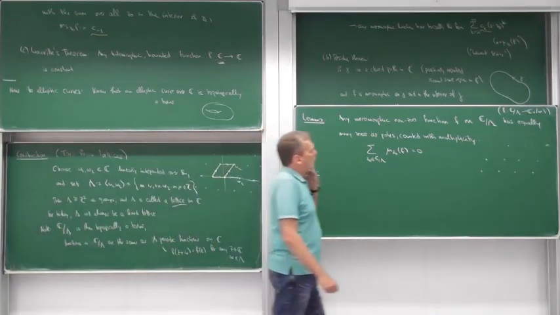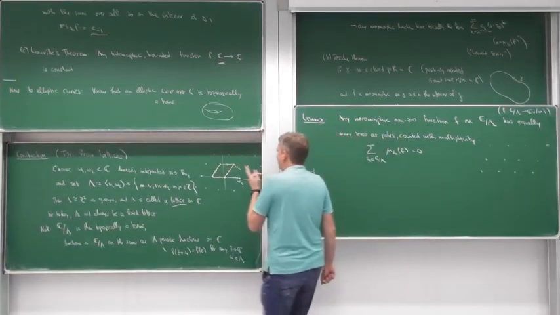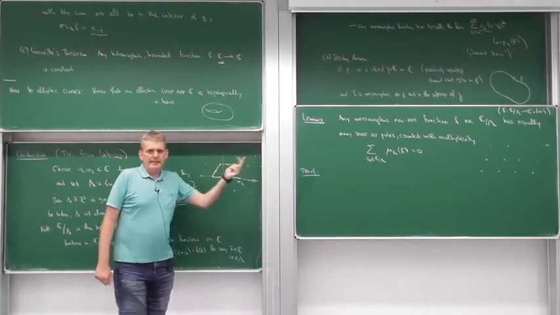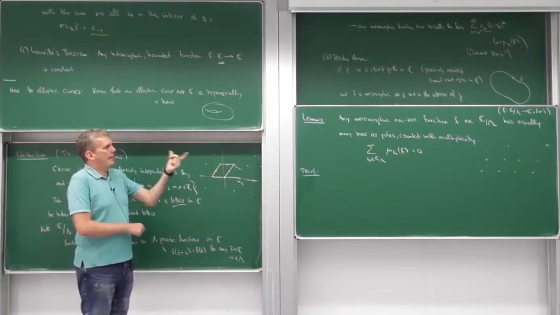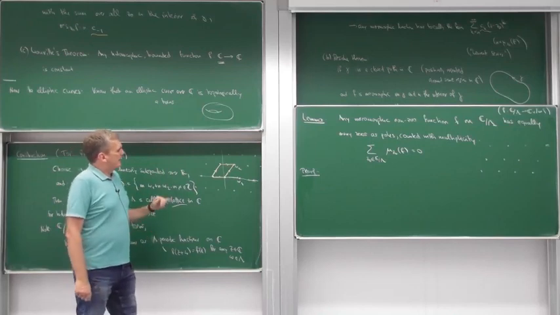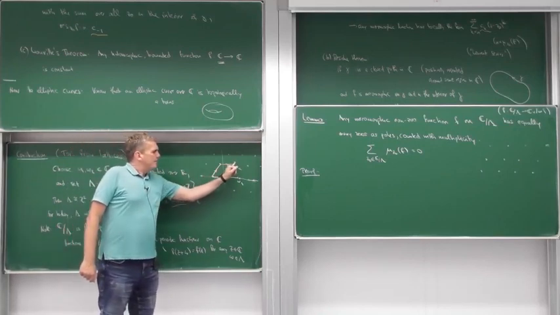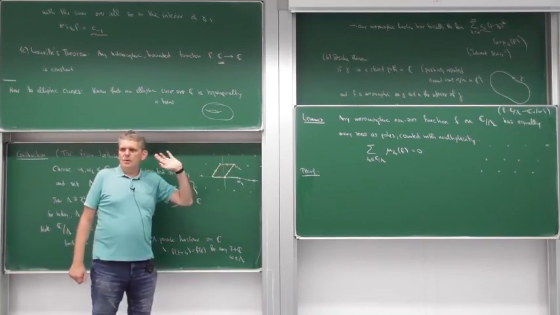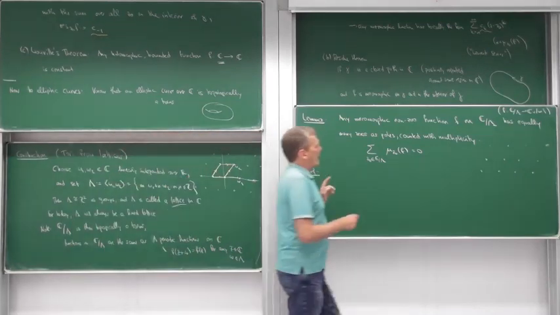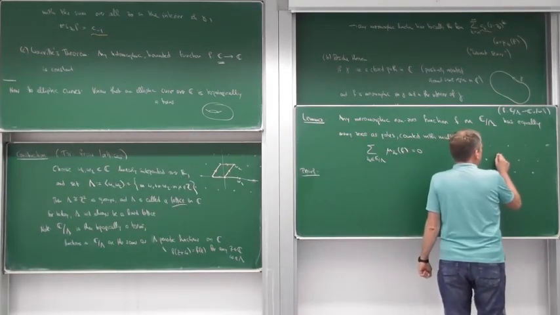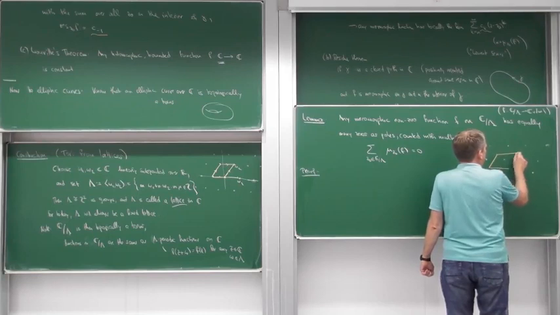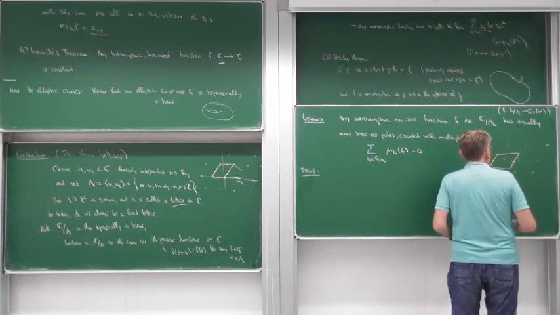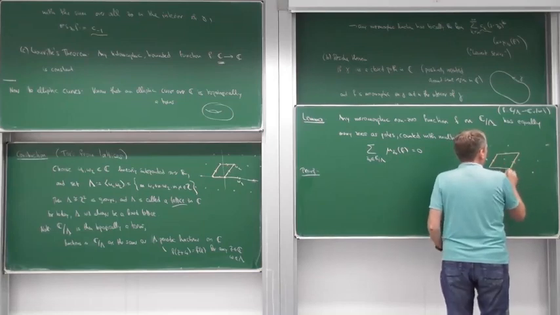And we take one such that none of the zeros and poles, of which there will be only finitely many as we have only isolated singularities, lie on the path itself. So I won't draw it just right here, but just anywhere inside here. So that's the standard parallelogram, just shifted in any way.